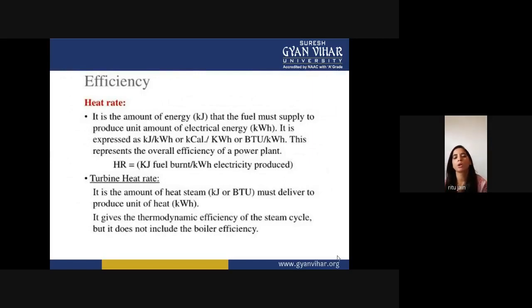If you are installing a power plant, obviously you have to find out whether this power plant is working efficiently or not. So for this, you have to calculate the efficiency of the power plant. There are a few calculations used to find the efficiency of a power plant. One of them is heat rate.